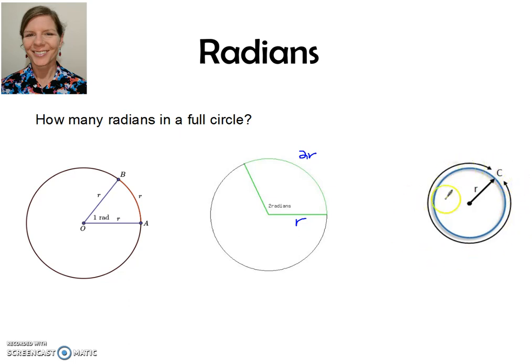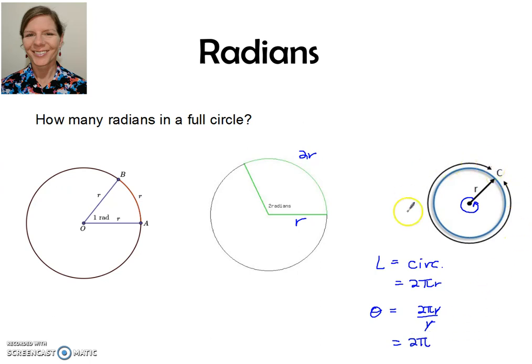What about for a full circle? The arc length is the full circumference, so L equals the circumference. We know the circumference is 2 times pi times r. So the angle theta, which is all the way around here, is going to be the ratio of 2 pi r, the length, over r. Those cancel out, so we get 2 pi.